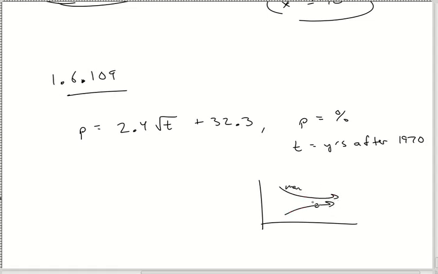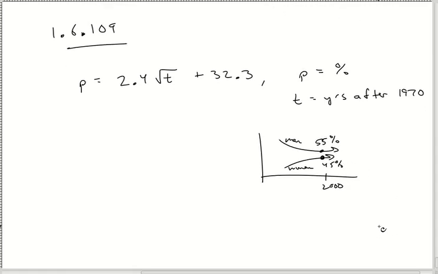You got men, you got women, and somewhere right around here at 2000, we have 55 and 45. Okay. That's just for later. They say use the model on the year 2000 and compare it with whatever.